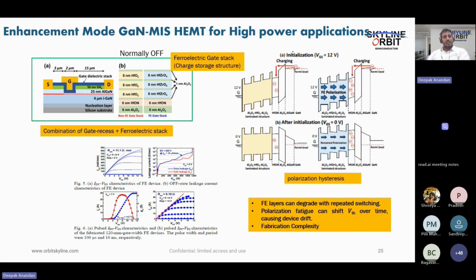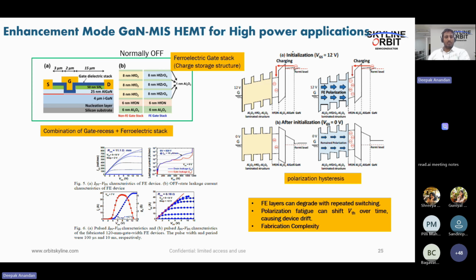Whenever you are biasing, if you do the reverse, if you bring back the device to the normal state, it will not follow the same line. It will always have the history, and it will follow the previous voltage conditions. So it gives some kind of perplexing situation here: what is the current scenario, how are these ferroelectric layers reacting based on small changes in the current voltage, and how fast is it reacting to the voltage variation.